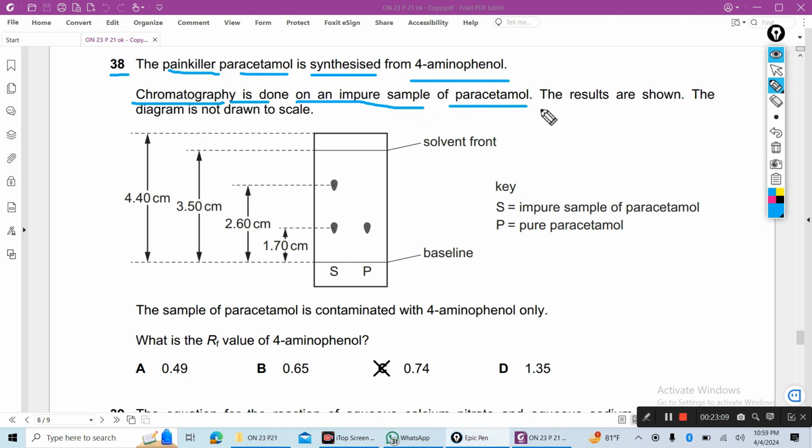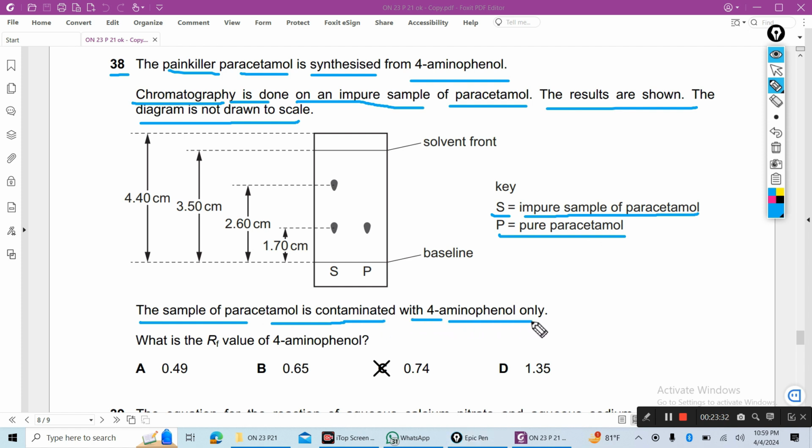So here baseline, S and P. S is the impure sample of paracetamol and P is the pure sample of paracetamol. So the sample of paracetamol is contaminated with 4-aminophenol only. What is the Rf value of 4-aminophenol?